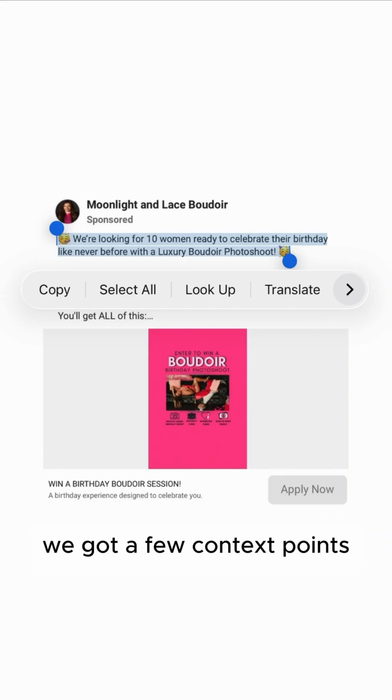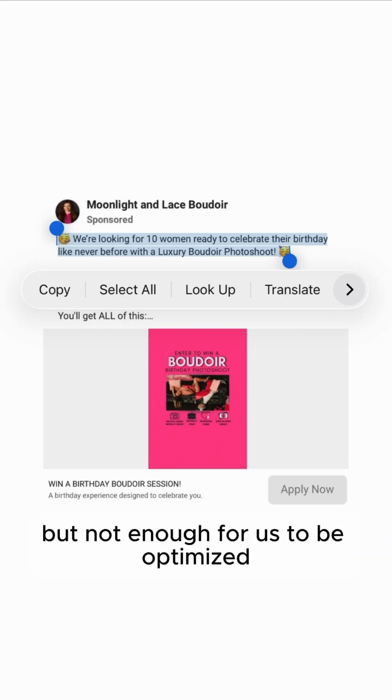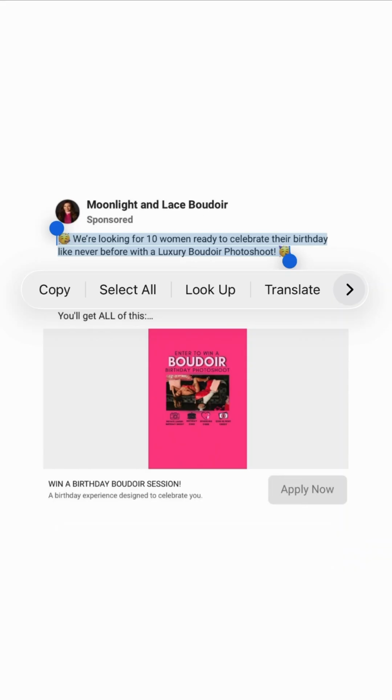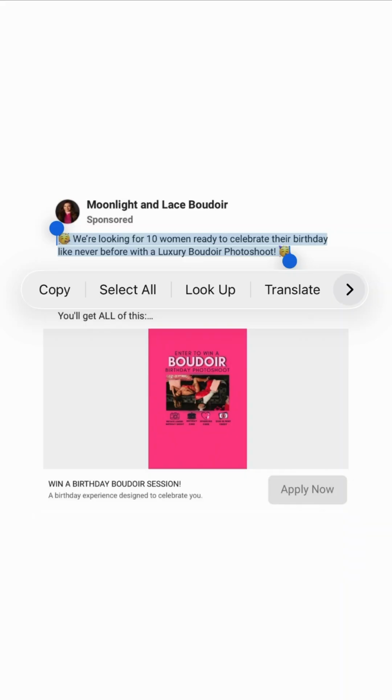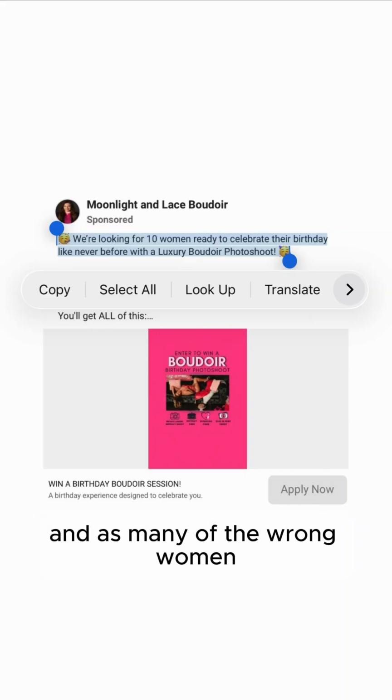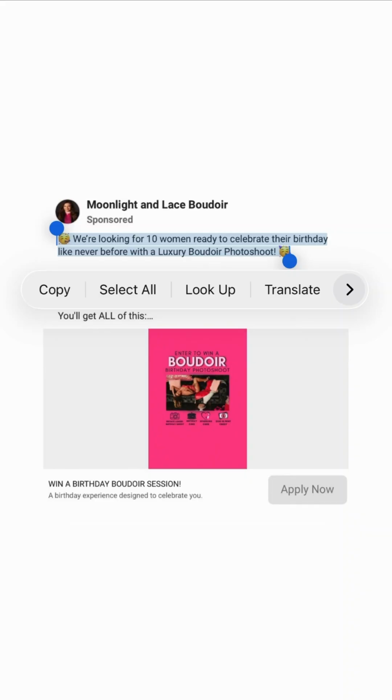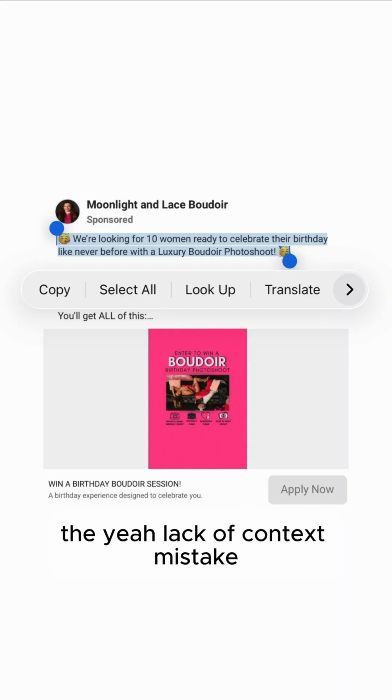We've got a few context points, but not enough for us to be optimized, having the right women, the maximum number of the correct women click in and as many of the wrong women scrolling by as possible. So yeah, this is the lack of context mistake.